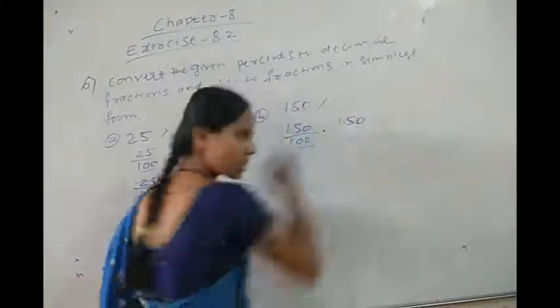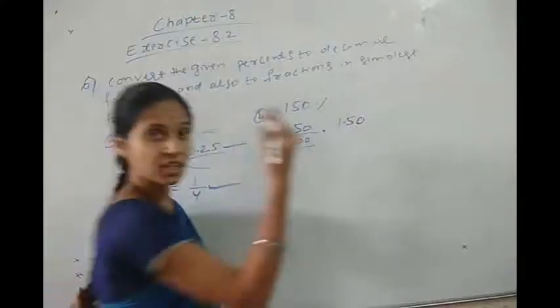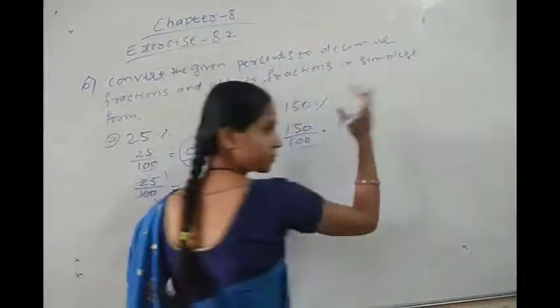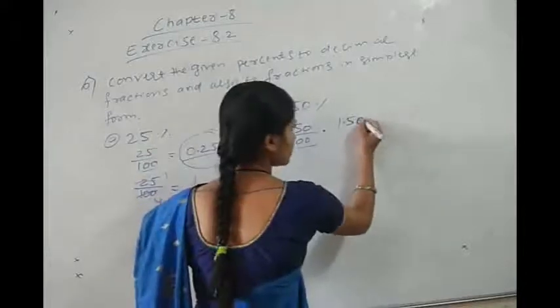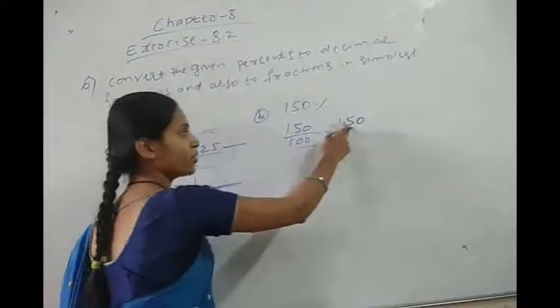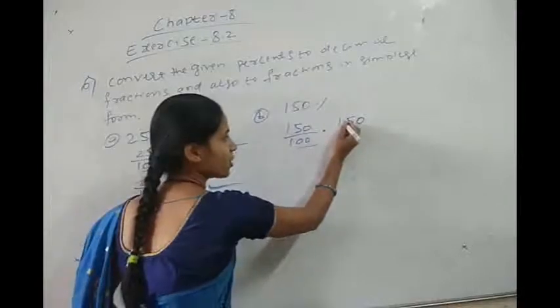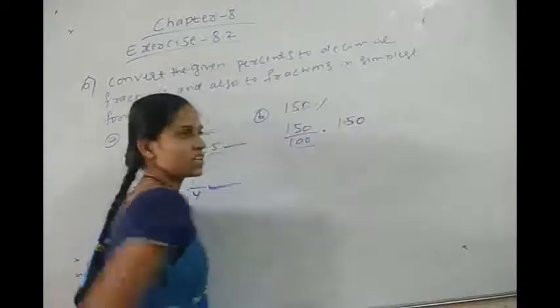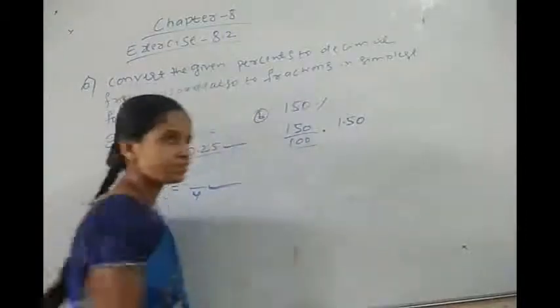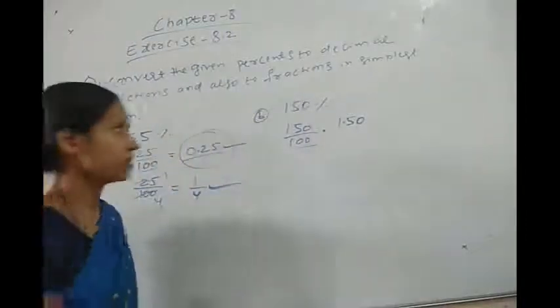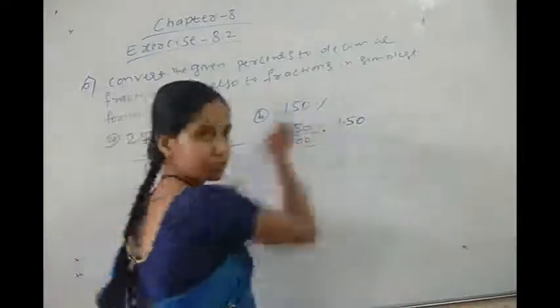How many zeros are there? You should leave those many numbers, counting from your right hand to left hand. Okay. Here we have left 0 and 5, and after leaving 2 numbers, please put the decimal. Okay. So 1.50 is the decimal form of 150%.